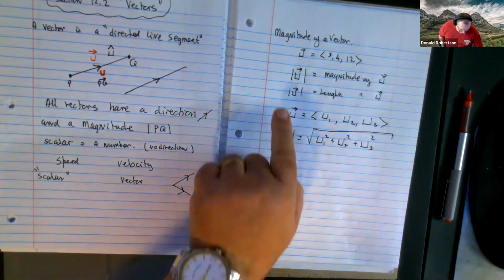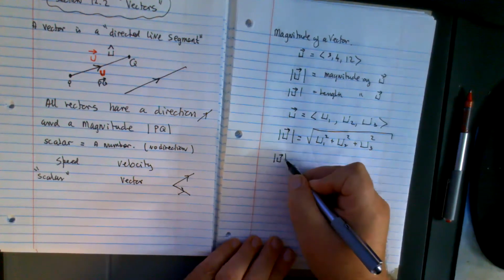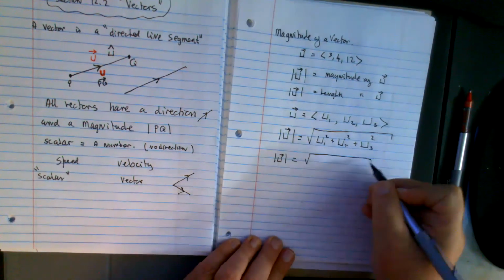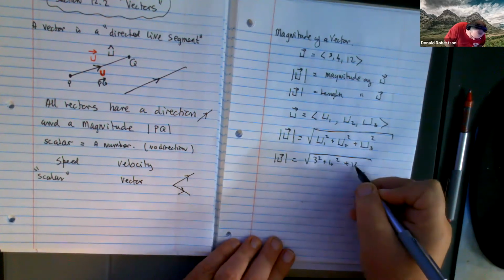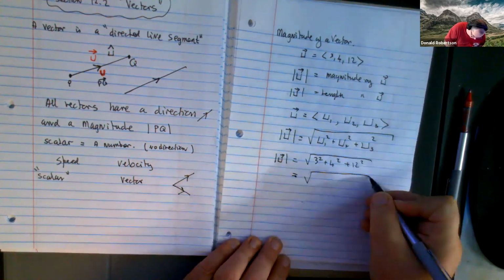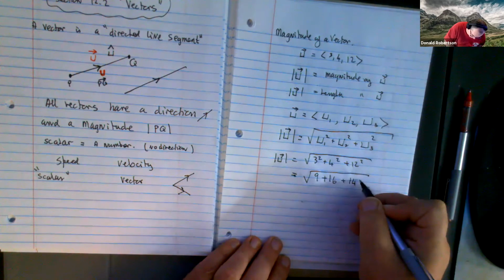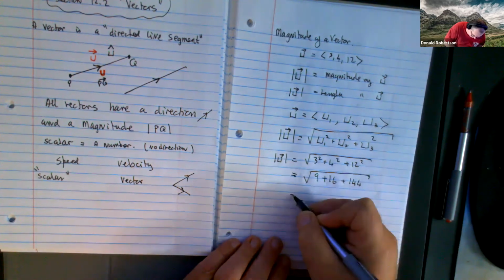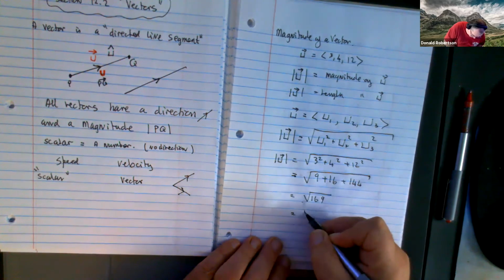So if you want to find the magnitude of this vector up here, it's going to be 3 squared, add 4 squared, add 12 squared. Well, that's going to be 9, add 16, add 144, which is the square root of 169, which is 13.